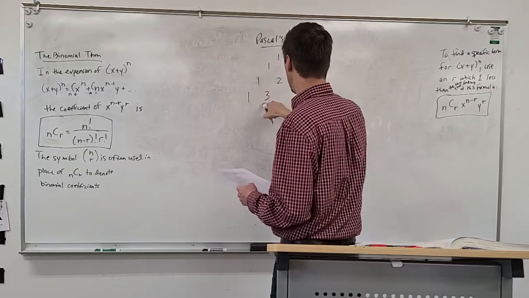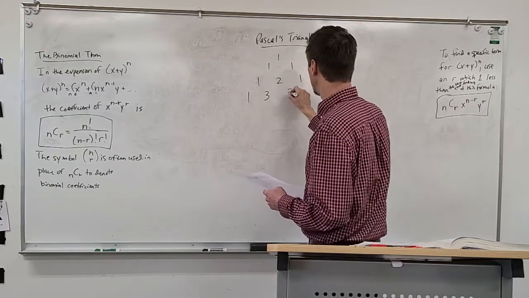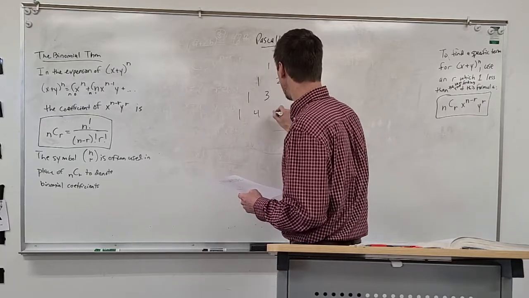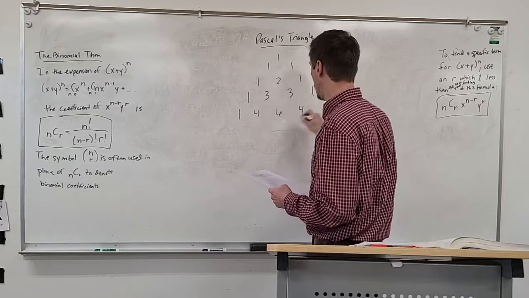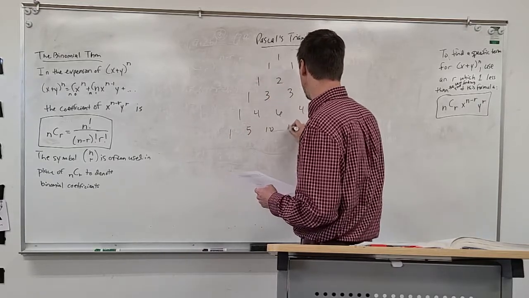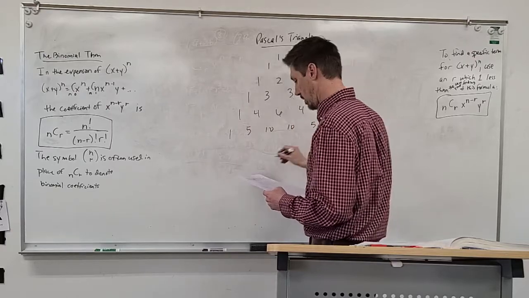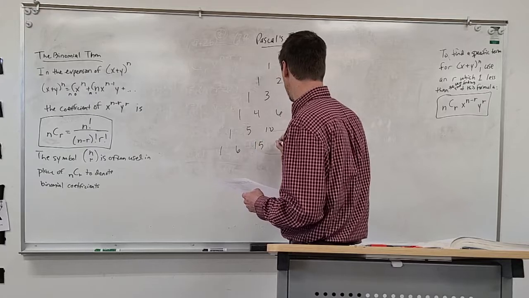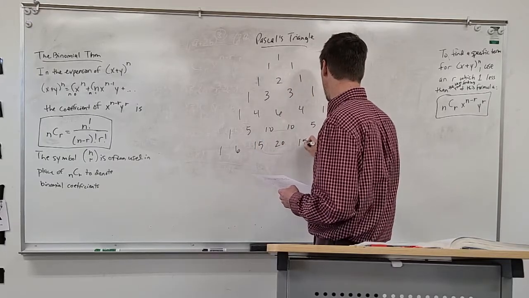You know, so 1 plus 2 is 3. So we just sum the numbers that we wrote on the previous line. And so they look like this: 1, 4, 6, 4, 1, and then 1, 5, 10, 10, 5, 1, and 1, 6, 15, 20, 15, 6, 1. I'm just adding them up, right?